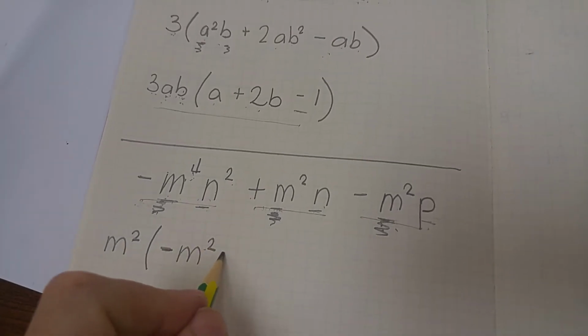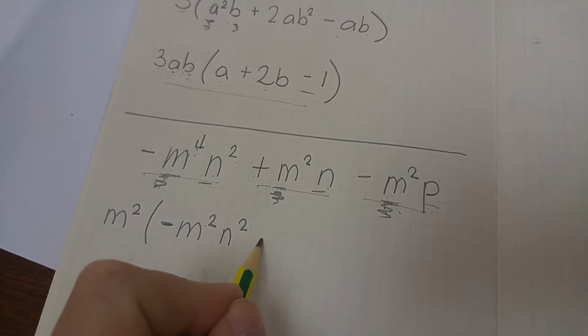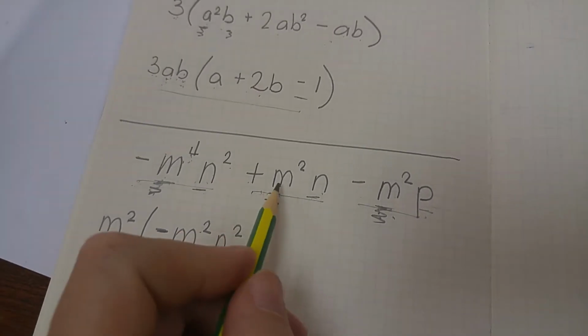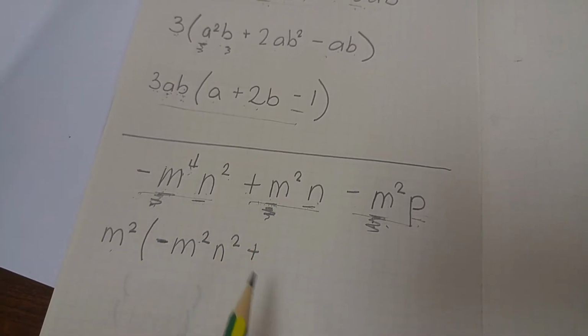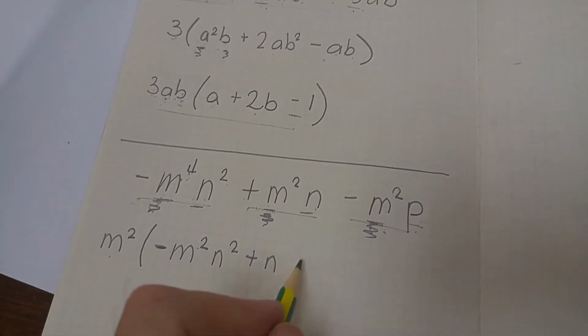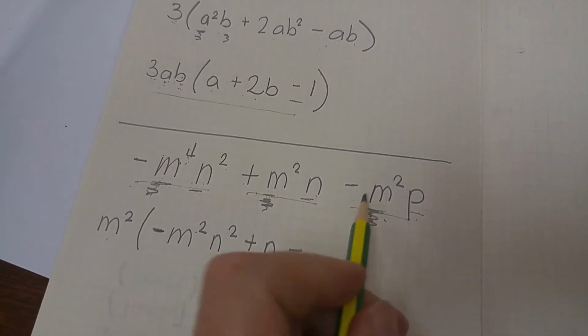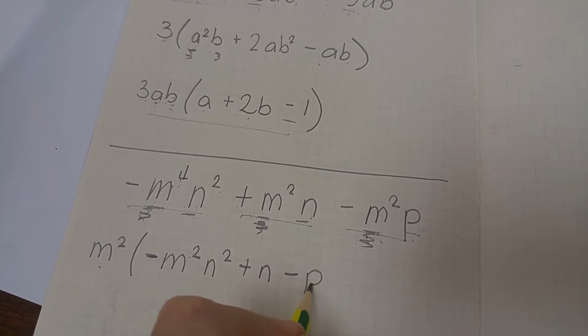N squared remains there, plus we've taken the 2 out there, so we don't need that term there. We just have the n there, and minus the m squared is outside the bracket, so it's just the p.